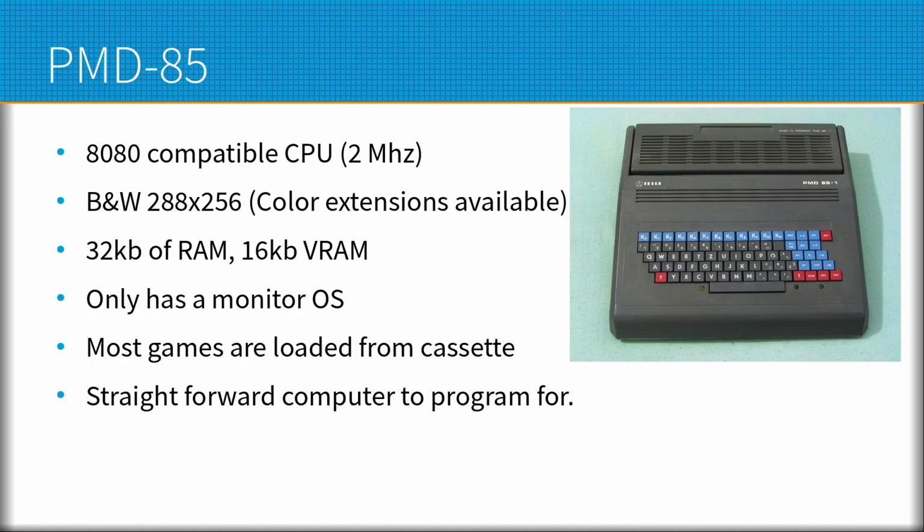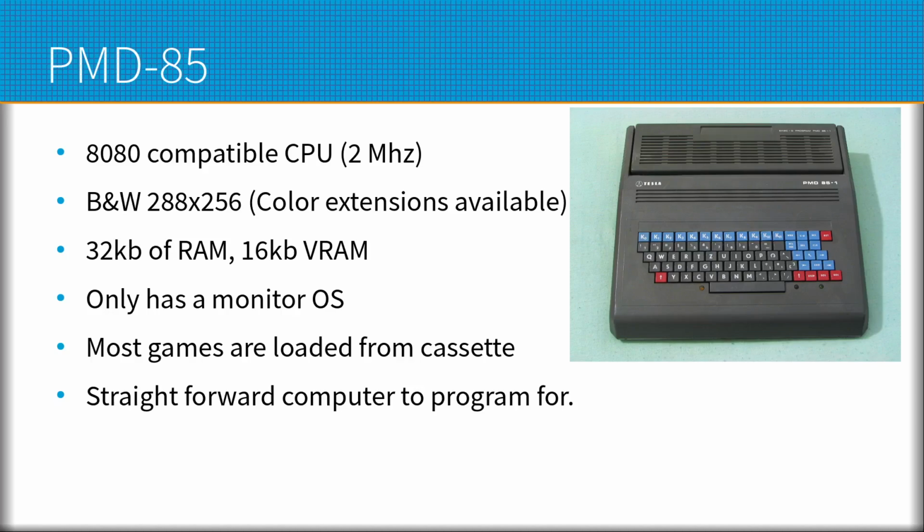It only has a monitor OS, just enough to load a game from tape. Unlike the other computer, this one is straightforward. VRAM is in the upper portion of the address space, and all of that 32 kilobytes of RAM is available to you. So no nonsense that you have to do with the VRAM.